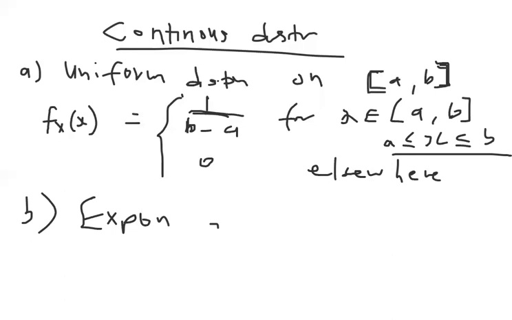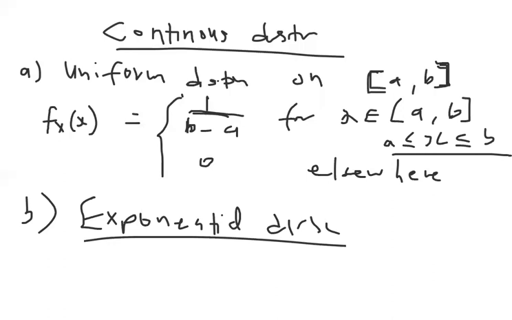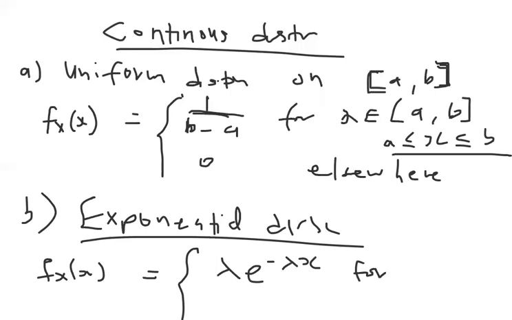The exponential distribution has the function f of x equals lambda e raised to the power negative lambda x, for all x greater than or equal to 0, and 0 elsewhere. When you have this type of density function, we call it the exponential distribution.